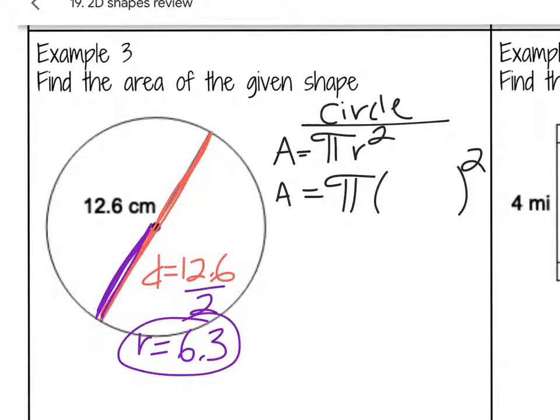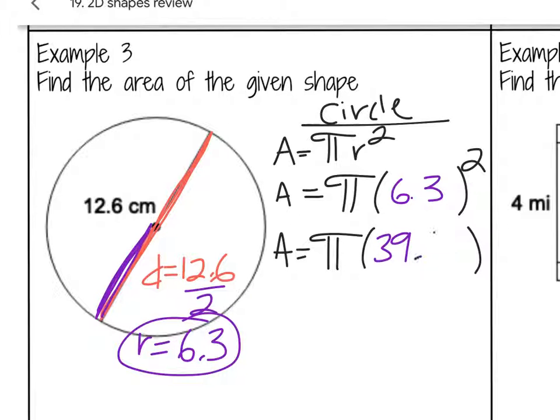So I'm going to plug it in for my radius, 6.3 squared. This step, area is pi times my radius squared, 6.3 squared, is 39.69.